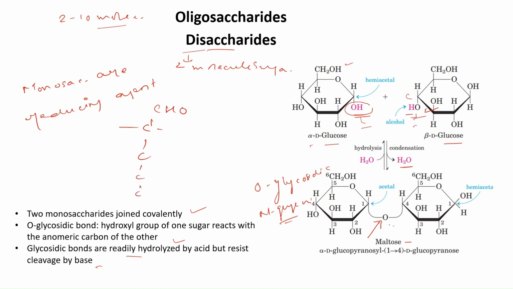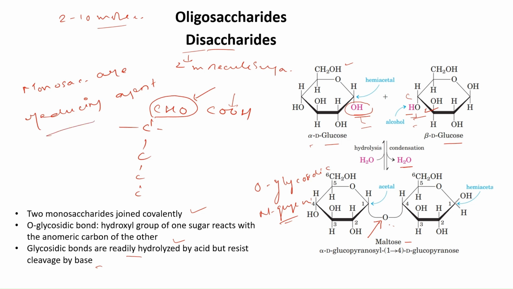So the first carbon, the aldehyde group, gets oxidized and converts into COOH. This we learned already, right? So that means addition of oxygen. Addition of oxygen means that from some chemical substance it is taking that oxygen, so that substance is getting reduced. Because of the monosaccharide, that particular substance is losing oxygen and hence it is getting reduced. Therefore, monosaccharides are reducing agents.